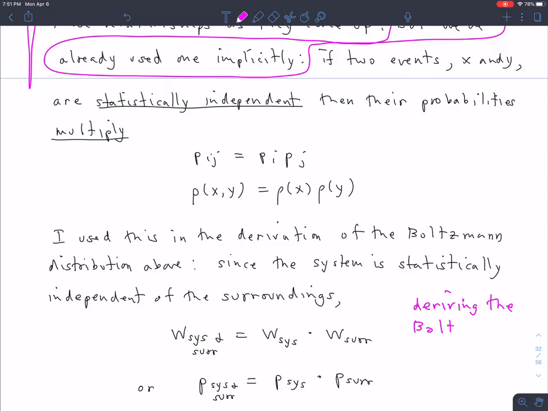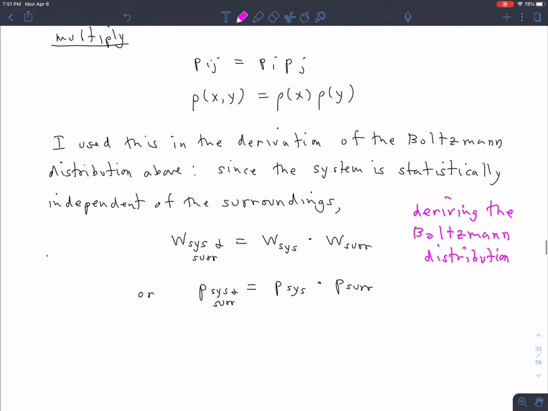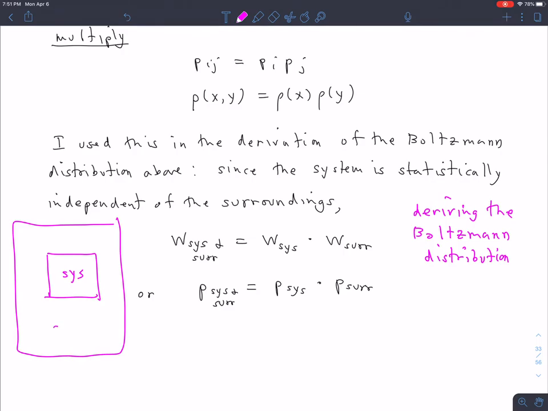I said that if I have a system and it's surrounded by a big surroundings, and if the system and the surroundings are statistically independent, then the number of states in the whole thing, system and surroundings together, is equal to the number of states for the system times the number of states for the surroundings.